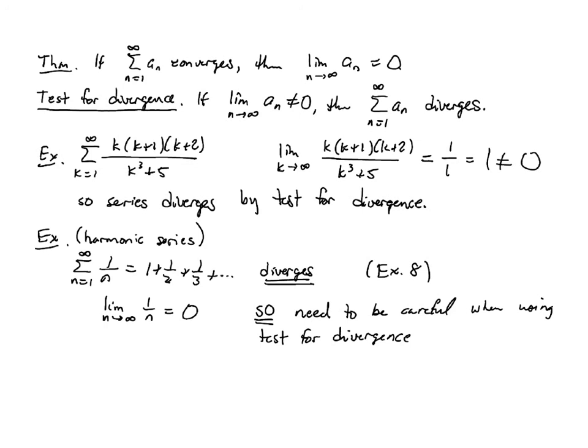You cannot make any conclusions about convergence. You might want to say that because the limit of the nth term here is 0, I could conclude that this series converges, but we can't. The example shows that it diverges. So you have to be very careful about what happens when you apply the test for divergence.